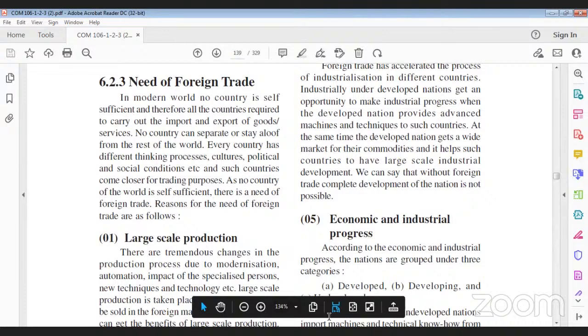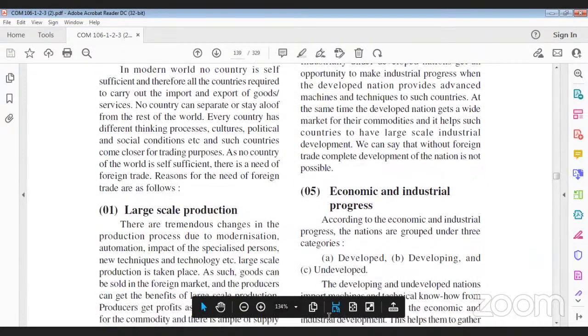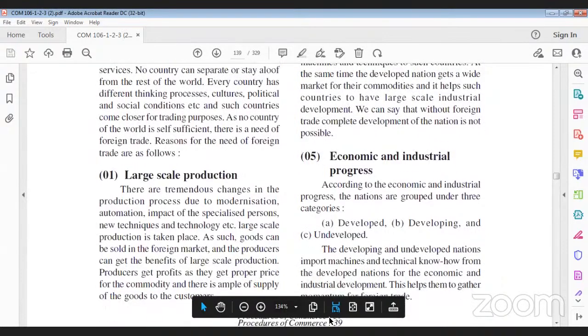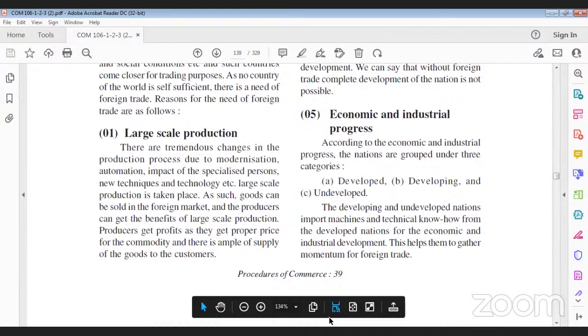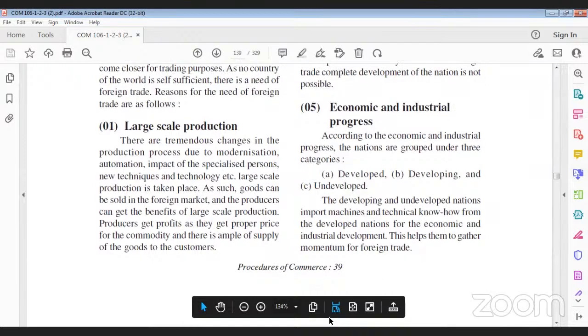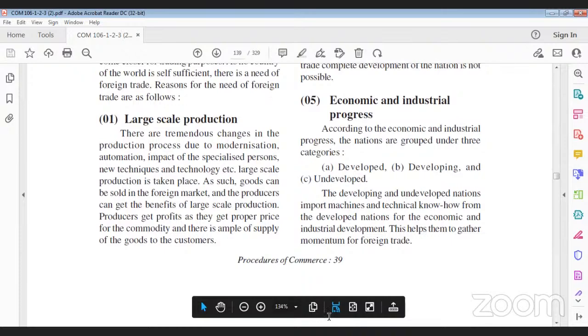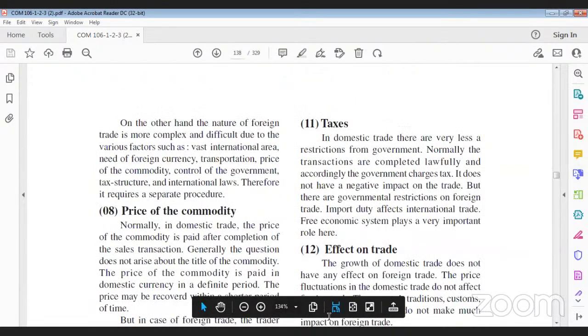Then the sixth point of this need is foreign currency. As per the requirement of foreign trade, foreign currency is needed, and that foreign currency can be available only through foreign trade, from the foreign currencies earned out of exports and imports. The seventh point is international cooperation.